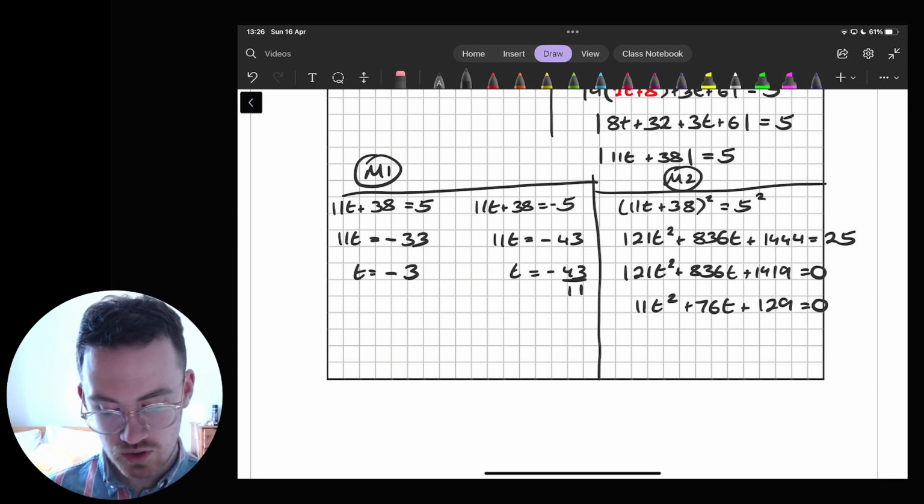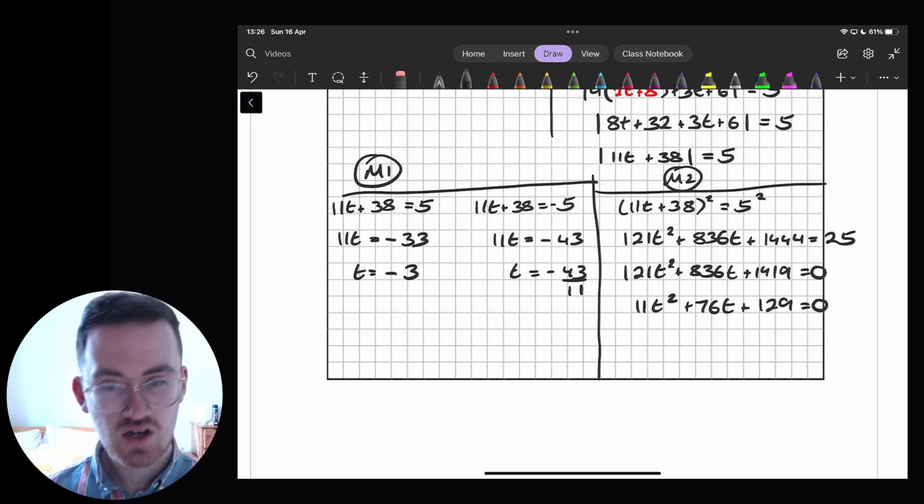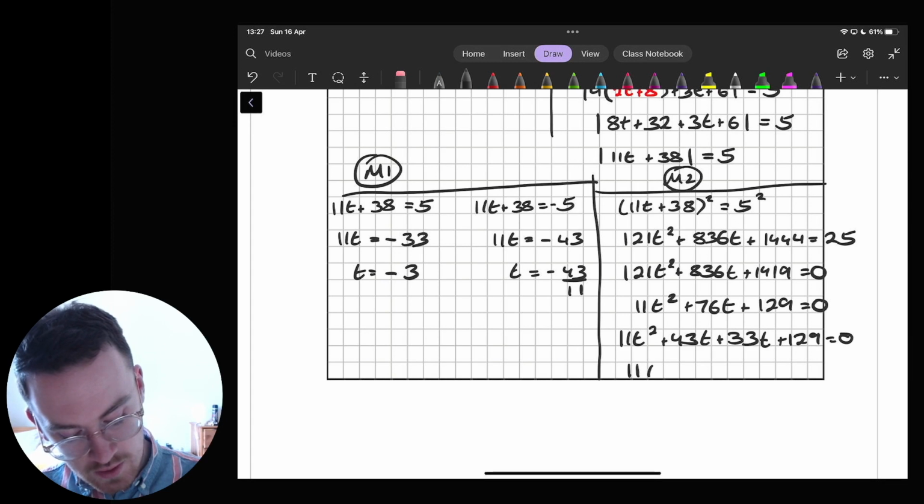So those two numbers will be 43 and 33. Now obviously we have the luxury of already knowing those, so you could use your quadratic formula at this point, and that would be okay as well. That probably would just be easier to find them out that way.